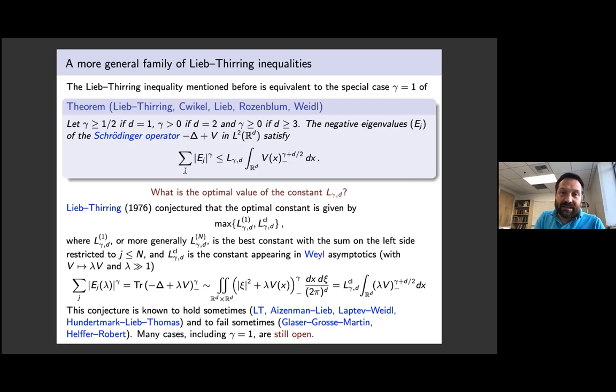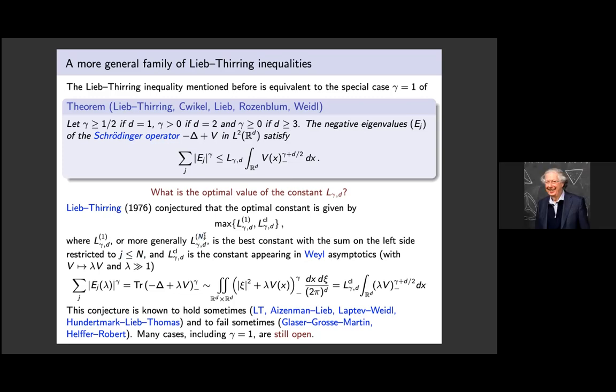Well, simply instead of summing here over all the eigenvalues, you only sum over the eigenvalues up to this given number n, right? So the 1 particle constant is just, you say, what is the eigenvalue to the gamma? How can this be bounded in terms of the appropriate integral of the potential? And similarly, you define the n particle or n eigenvalue constant.